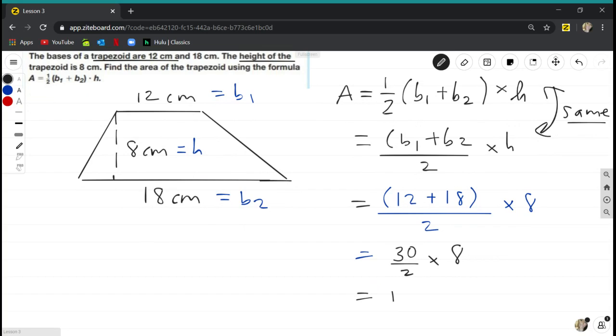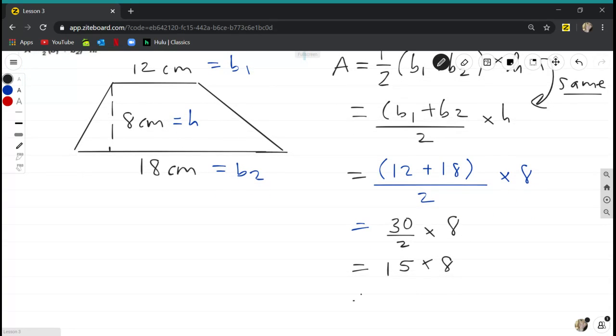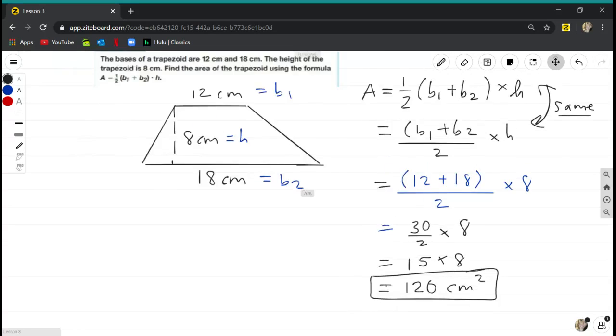So 30 divided by 2 is 15 times 8. And 15 times 8 is 120. And remember our units were centimeters squared. Right? Okay, so we are done with that one.